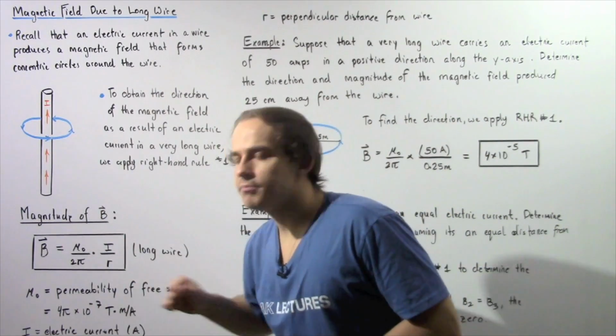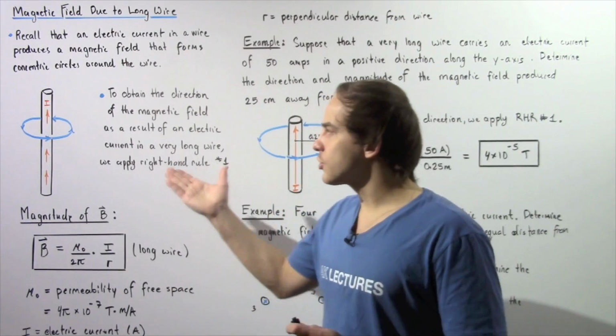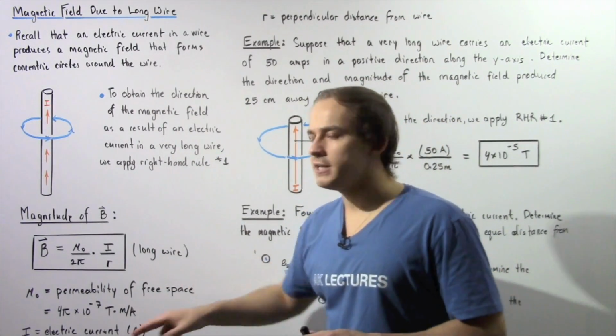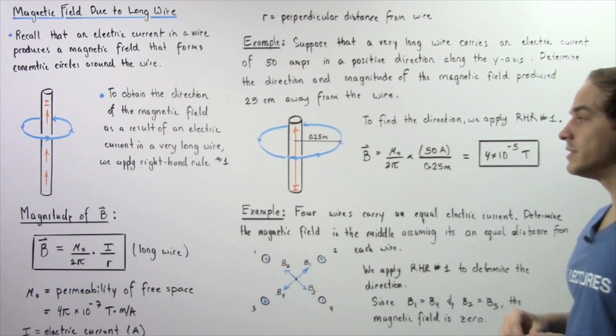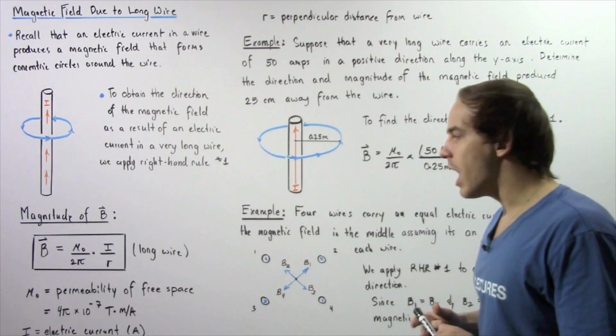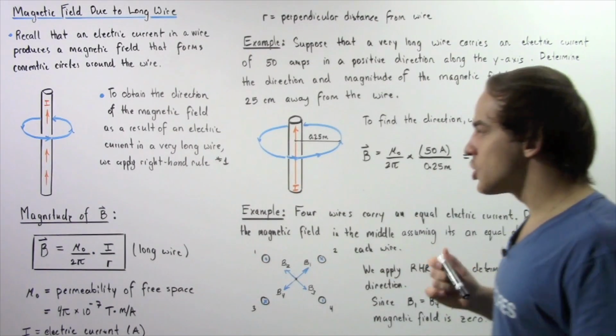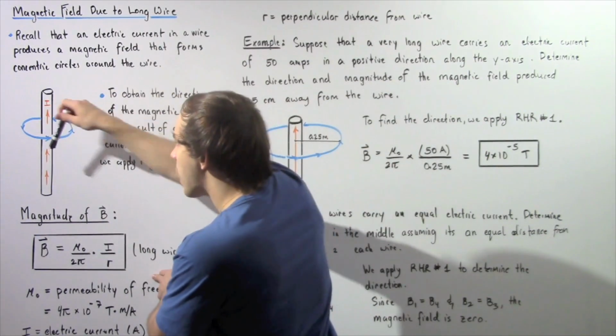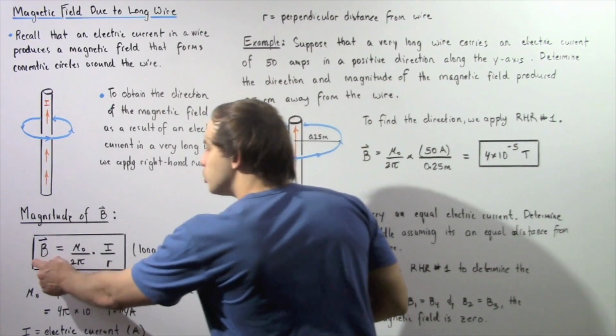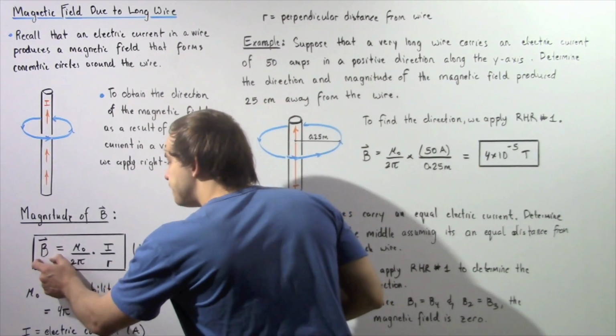Now the I is simply our electric current flowing through our conducting wire given in amps, and our R is simply the perpendicular distance from our conducting wire given in meters. So we see that as our electric current is higher through our conducting wire, it produces a stronger magnetic field.